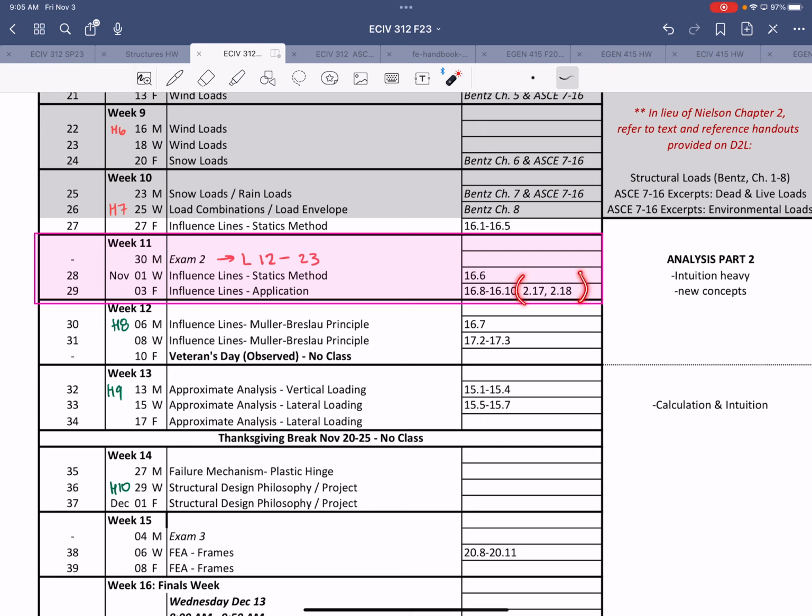And then these 2 sections in chapter 2 are also pretty short. So we're just going back to chapter 2 because that's where, or actually we skipped most of chapter 2, right? Because that was the structural loads chapter, and that's mainly based on ASCE 7-22. But sections 17 and 18 are actually based on AASHTO, not ASCE 7, because it's focused on highway bridge loads and railway bridge loads.